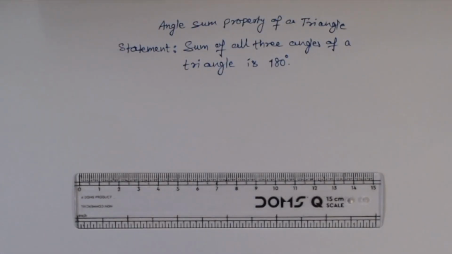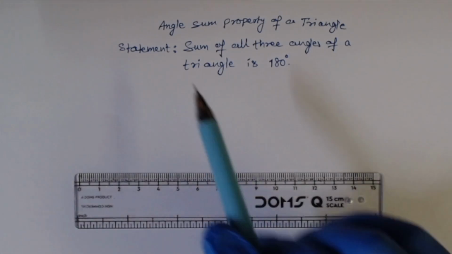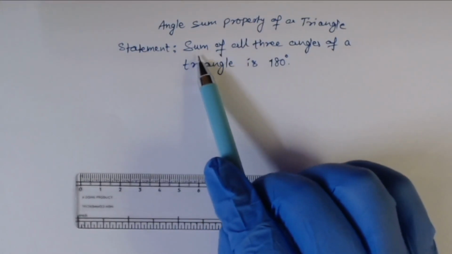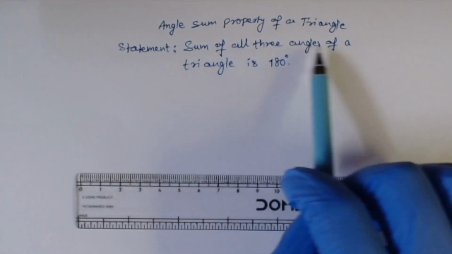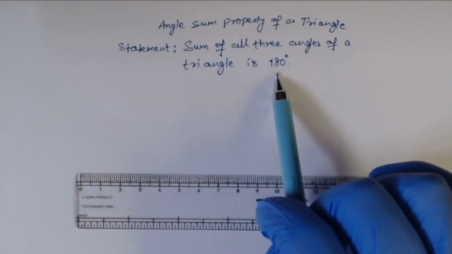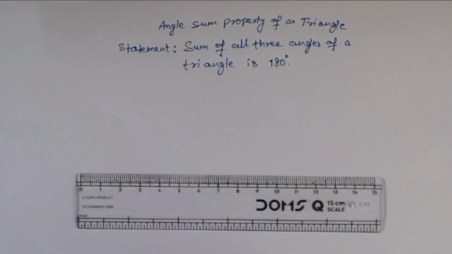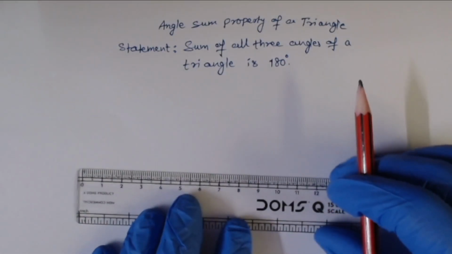So we will see an activity in which we will prove that the angle sum property of a triangle is 180 degrees. The statement says the sum of all three angles of a triangle is 180 degrees. So here we will draw a straight line.